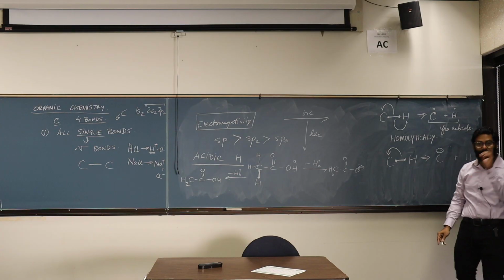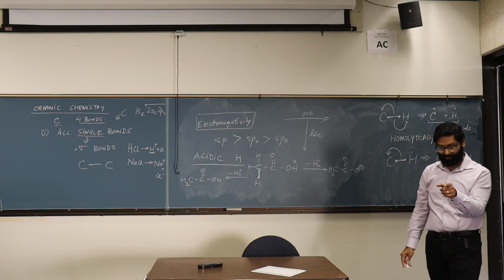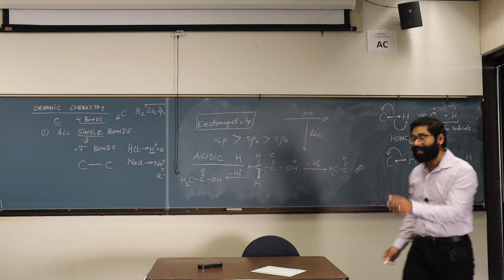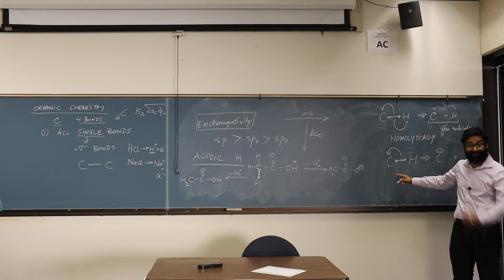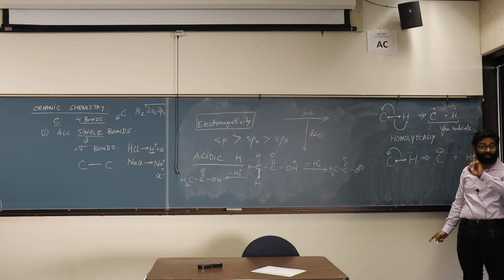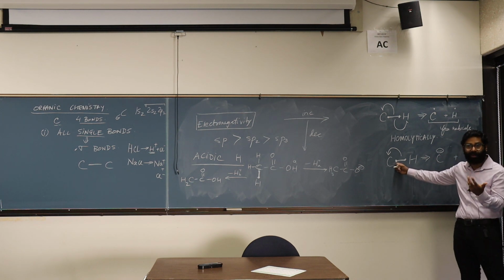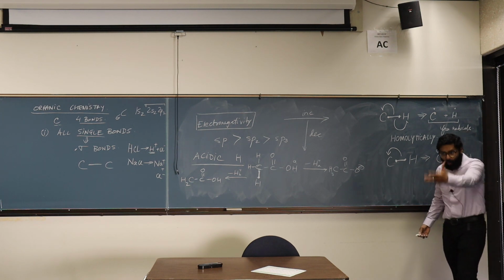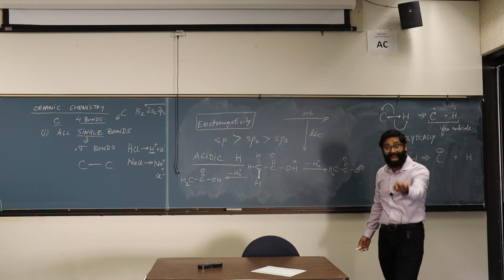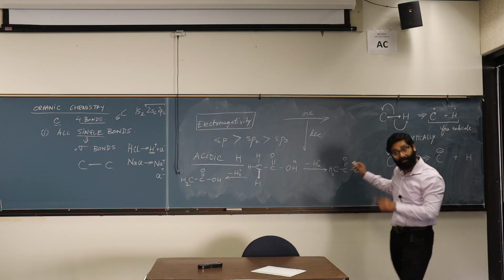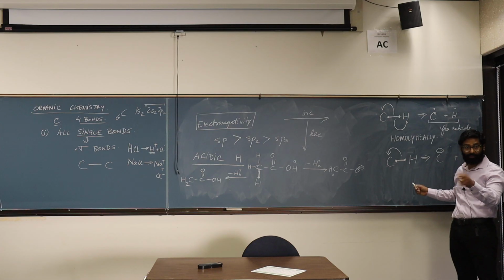So when a bond breaks and both the electrons are taken up by one of them, that thing will get a negative charge, not -2, just -1. Because one of the electrons was its own electron, but it got the additional electron. That's why we have got a -1. There is no -2.